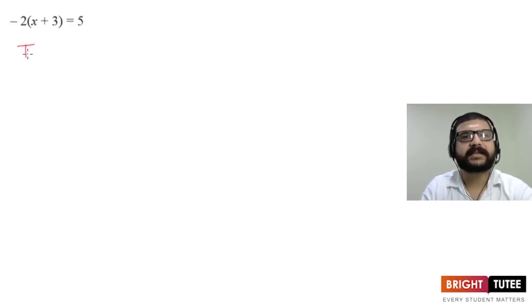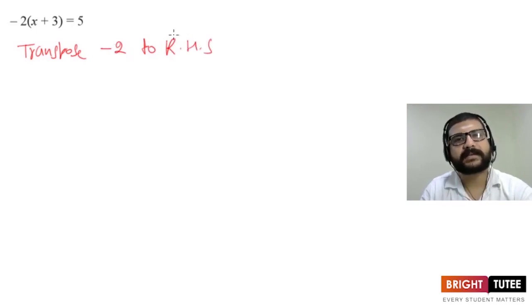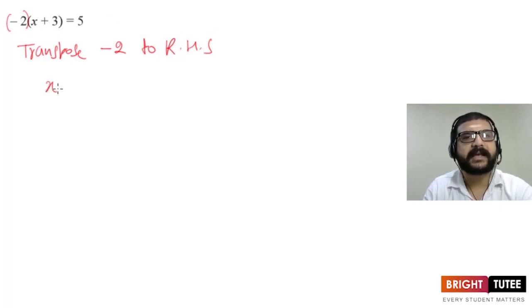So basically we are transposing minus 2 to the right hand side of the equation. Now this minus will not become plus, because here this minus is basically multiplied with this variable term. So it will come in division. We will get x plus 3 is equal to 5 divided by minus 2.